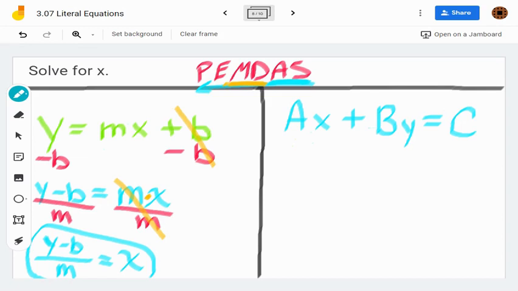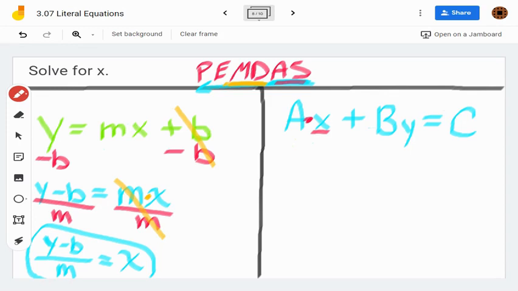Okay, another one that we want to solve for x on. Here's our x. We have a times x, and then we have by added over. Again, take care of addition, subtraction first, so we can subtract.